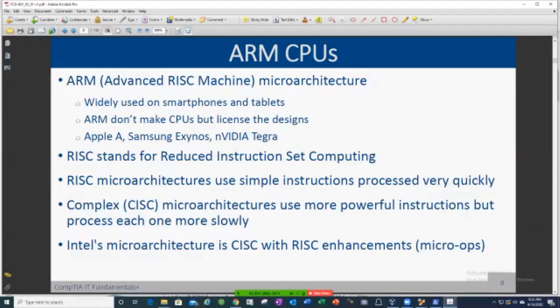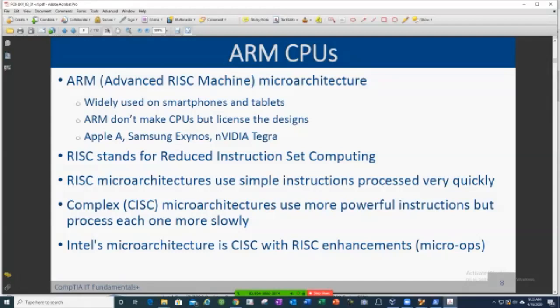In terms of the architecture, we have what is called RISC, which stands for Reduced Instruction Set Computing. RISC microarchitectures have simple instructions, and they process very quickly. Then you have CISC, or Complex Instruction Set Computer.